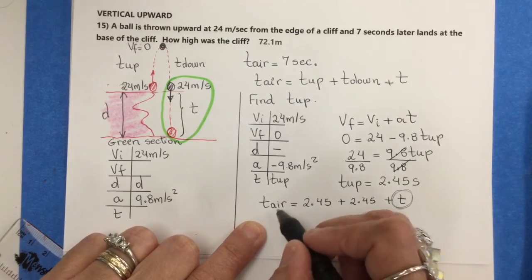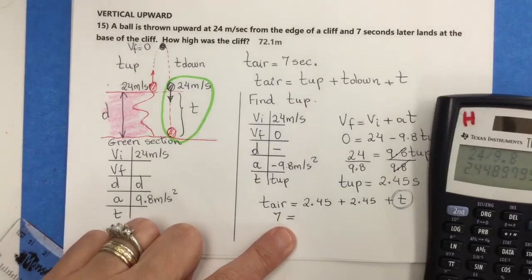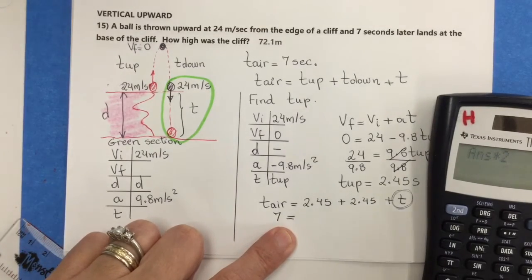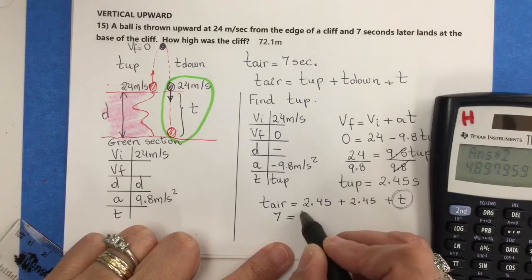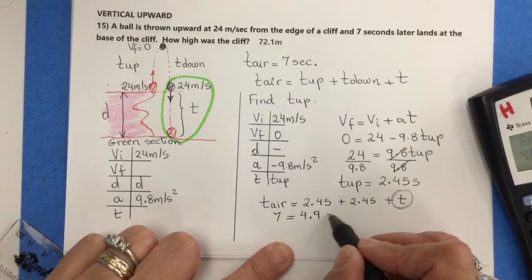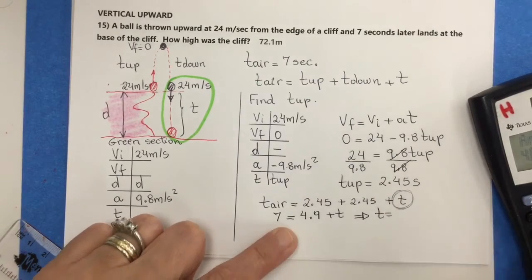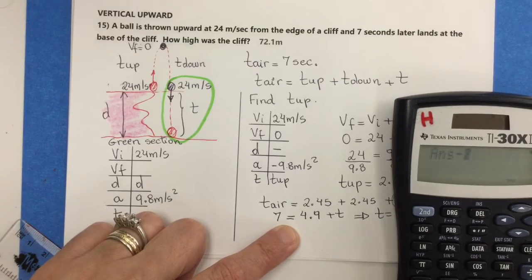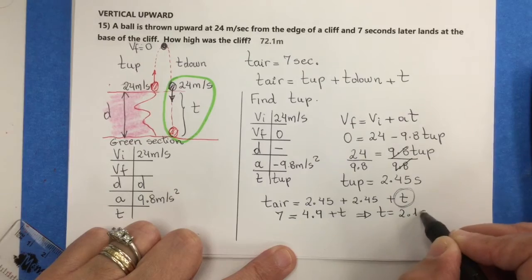So the total time in the air is 7, and this 2.45 times 2 will give us 4.9 plus T. So our T here is 7 minus 4.9, which is 2.1 seconds.